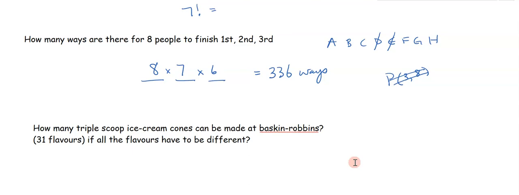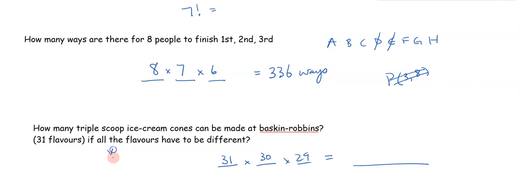Same thing with our ice cream. Remember before we had 31 flavors, okay? But what if all the flavors had to be different? So if you chose vanilla for your first scoop, you can't choose vanilla for your second, etc. Okay, so you would have 31 flavors, then you would have 30, and then you would have 29, and then you would multiply that together to find out the total number of outcomes where all flavors are different. But again, order matters.